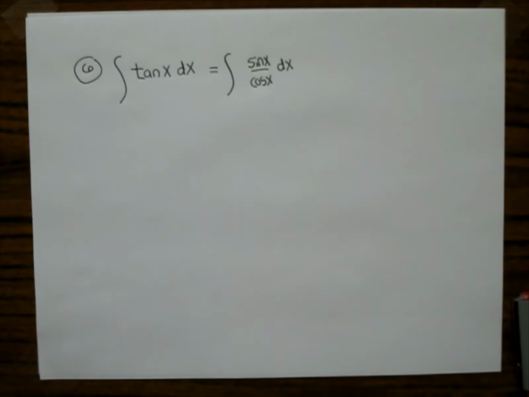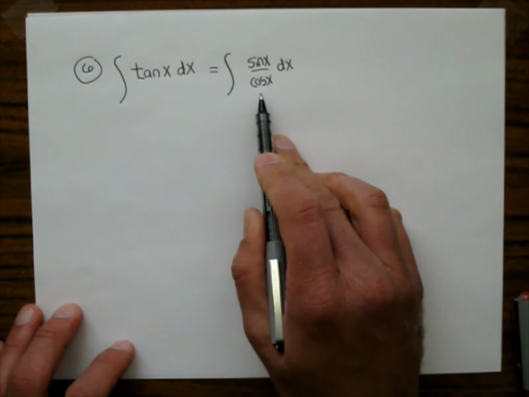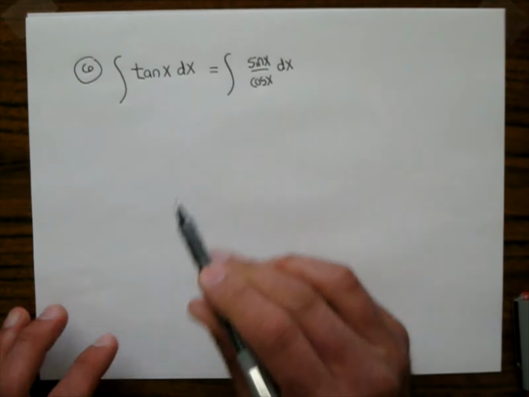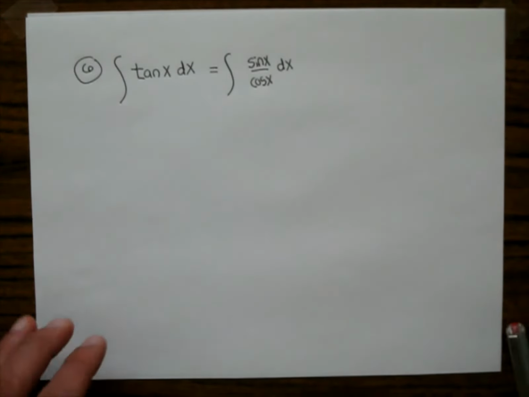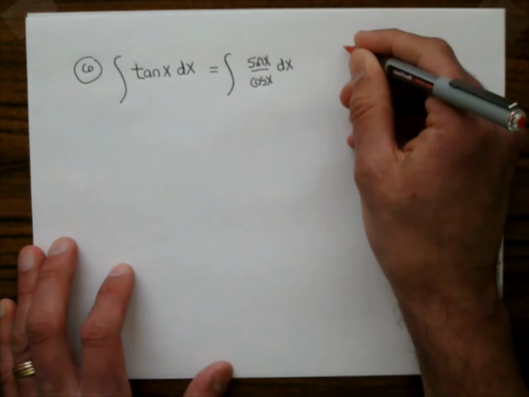Okay, so now I've got this, and I can try to set u equal to one of these things. What I'm going to do is let u equal the sine of x and see what happens.